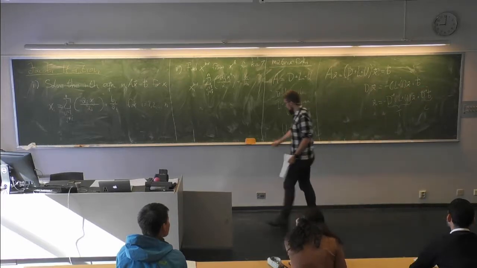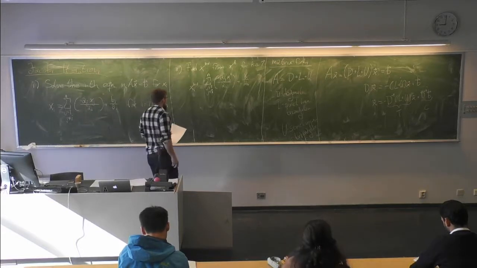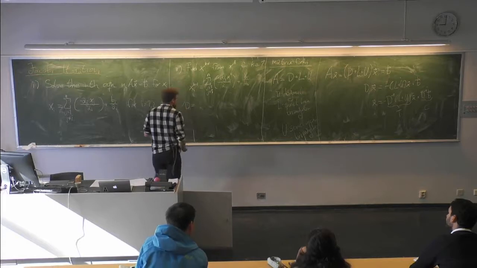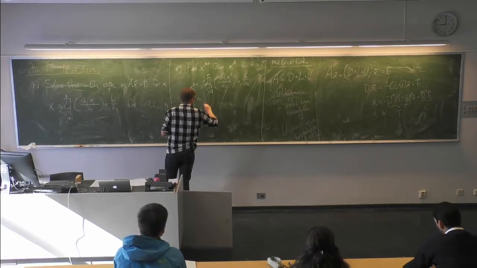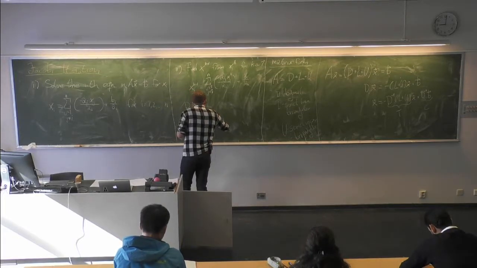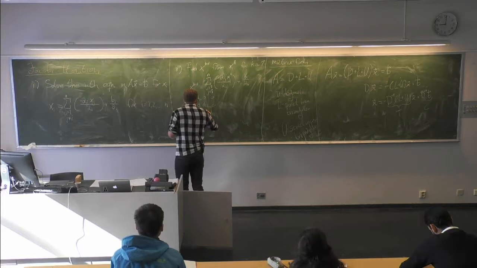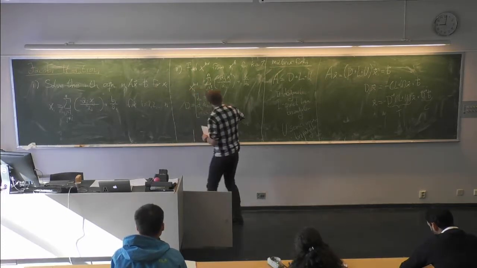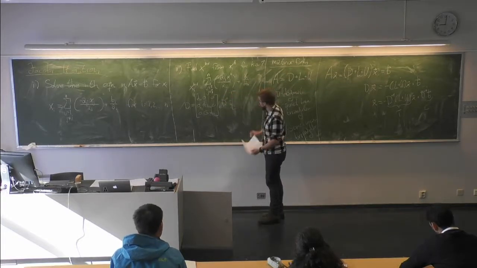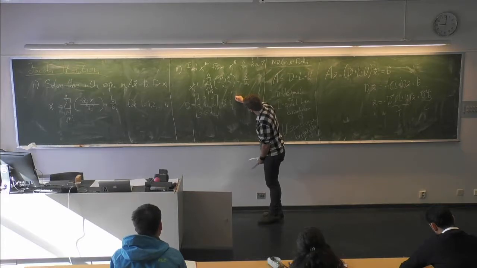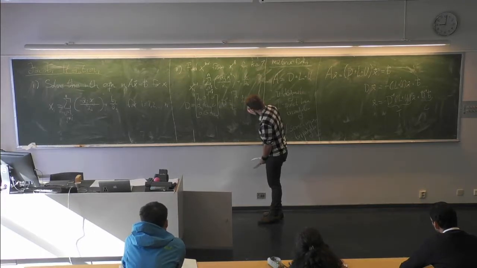I'll give you some time to write. And we have that if D is d_11, d_22, d_33, and the rest is just zeros, then the inverse of this matrix is basically the inverse of the elements: 1 over d_11, 1 over d_22, and 1 over d_33.